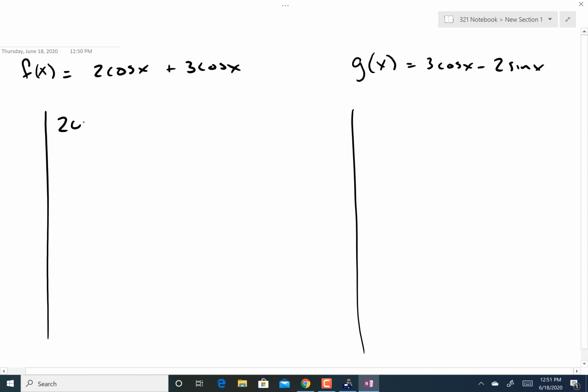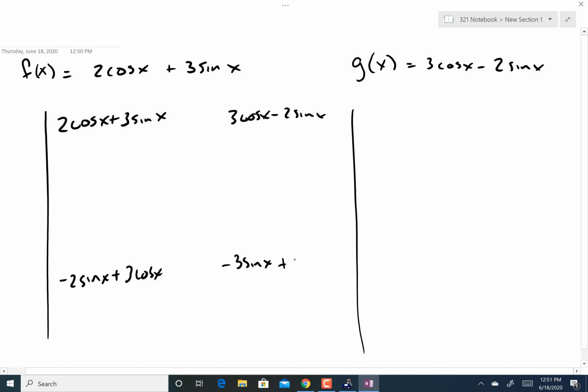So this guy here, oh, that's supposed to say sine. Okay, derivative of this guy is going to be minus 2 sine x plus 3 cosine x. And then this fella is going to be negative 3 sine x minus 2 cosine x.